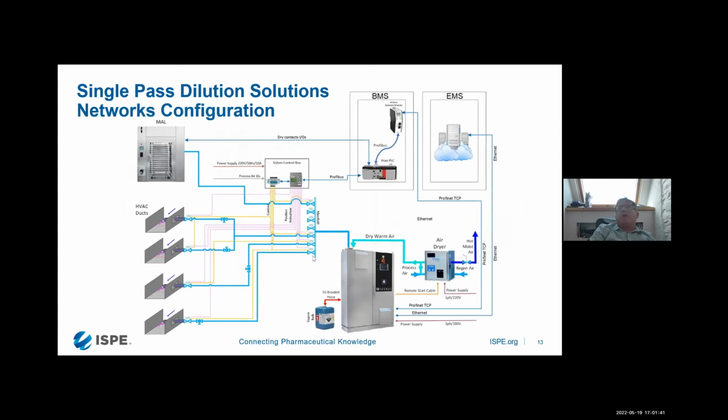In terms of configuration, we can have one unit go to different ducts for different zones. We can use the machine for material airlocks with direct connection. When we have multiple items like this, the machine is controlled by the BMS, just to make sure that the right thing starts, and there's a lot of safety on the valving, etc. But the most important is we have very good data collection to the EMS.